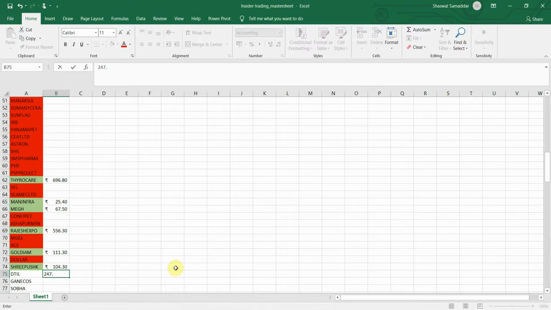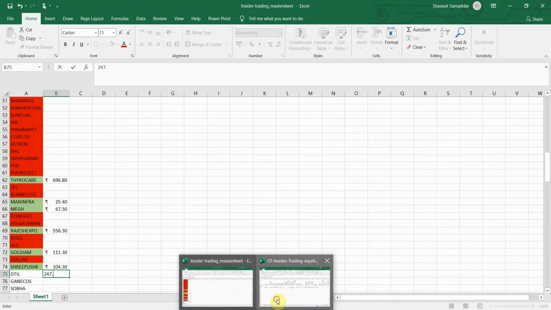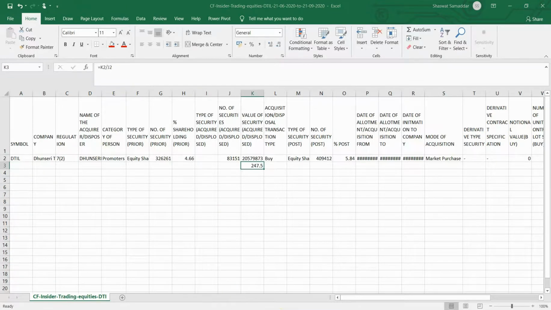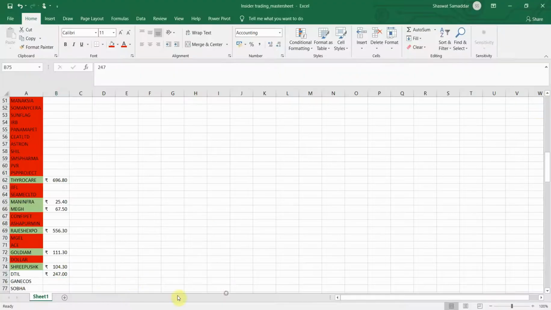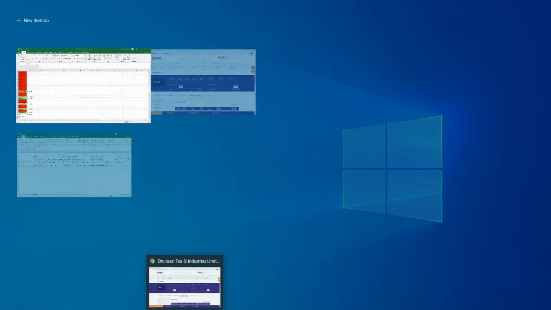It's very important, because if the average traded volume of the stock is very low, like 1000, 2000, or 5000, then it would be very risky to make a position in that stock, because it's quite possible that stock manipulation could be going on there. So we should avoid that. If the average traded volume is too low, then we should avoid making a position in that stock. It's 247.5 rupees.